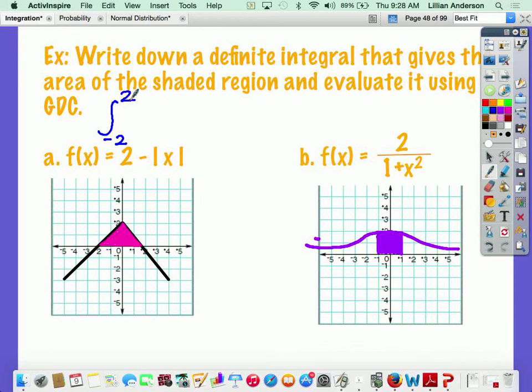That represents your lower bound and your upper bound. I'm trying to figure out the area from -2 to 2. Then what goes to the right of the integral symbol? The function: 2 minus the absolute value of x, and of course we cannot forget our good old dx. So there is the definite integral that represents the area of the shaded region.